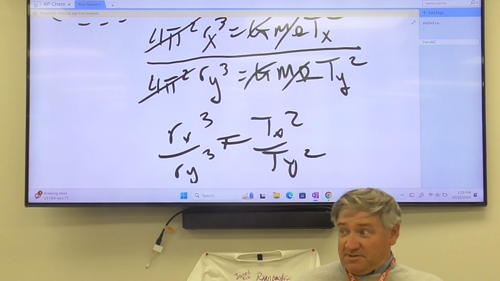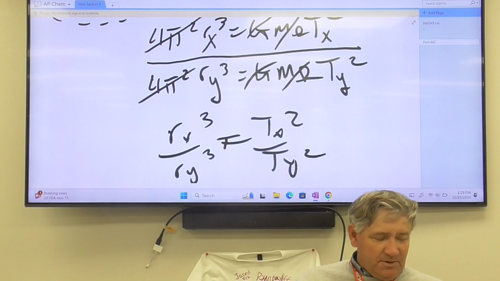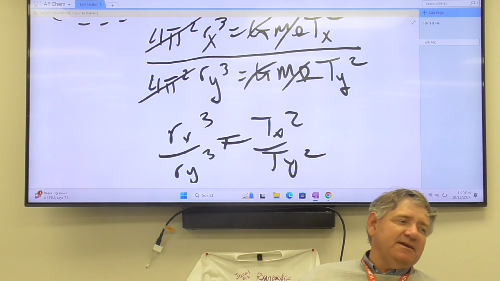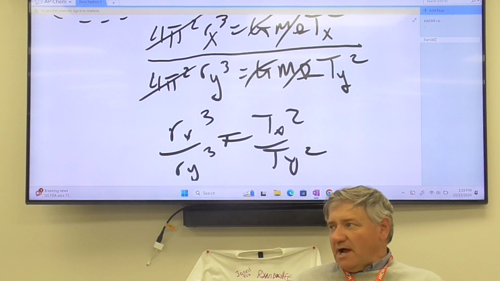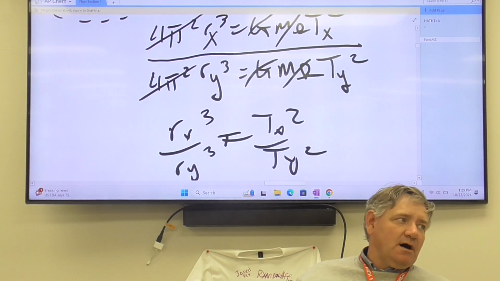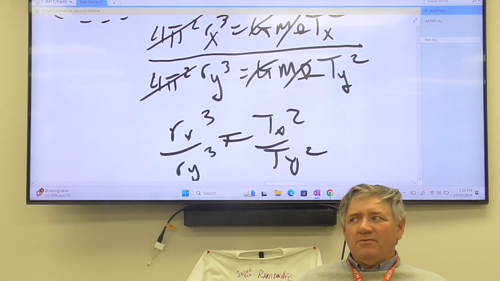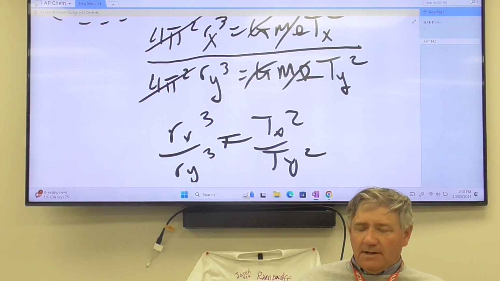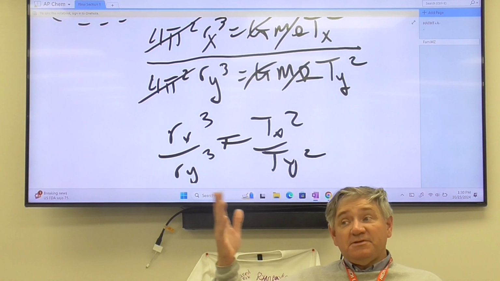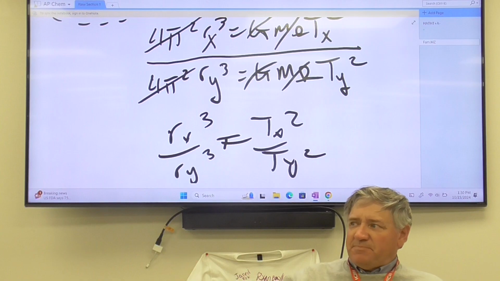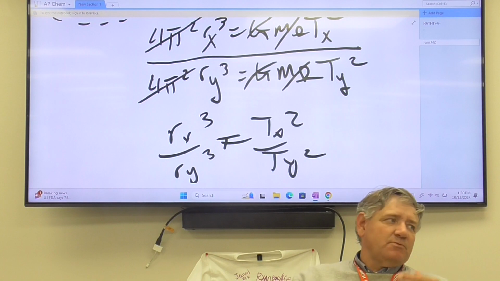So according to the legend, a contemporary of Isaac Newton comes to him and says, you've done all this work with gravity, there's Kepler's laws, but we really don't know how the two merge together. And according to the legend, Newton pulls out a drawer of his desk, pulls out this piece of paper and goes, this is why it works.